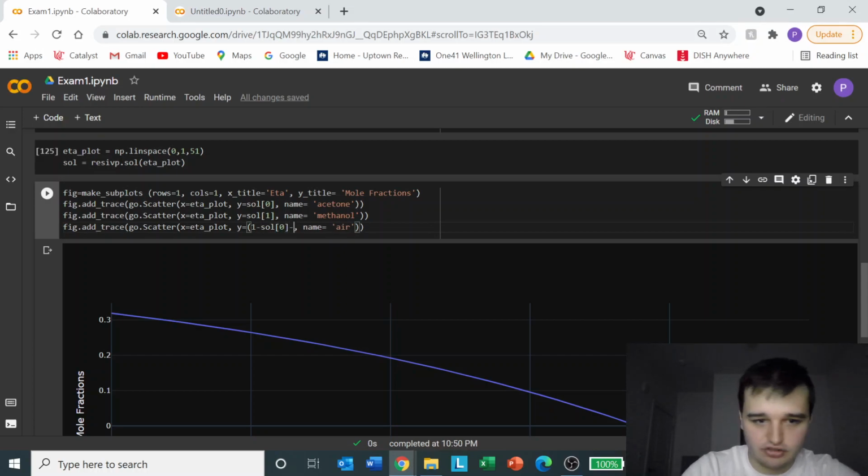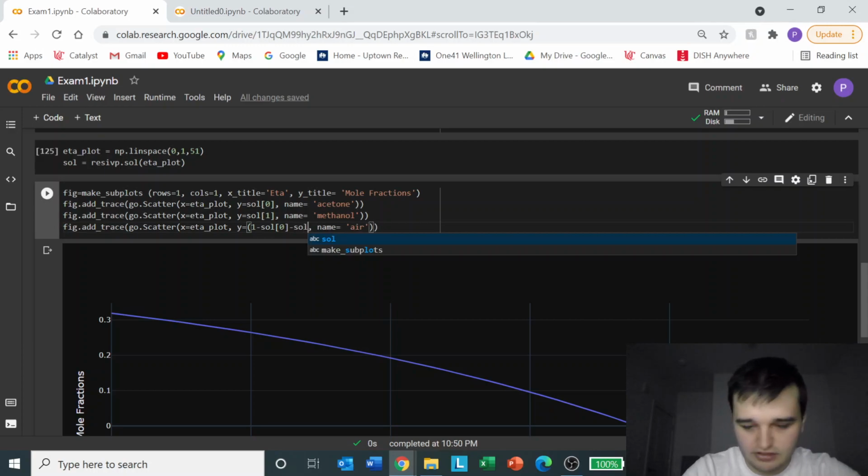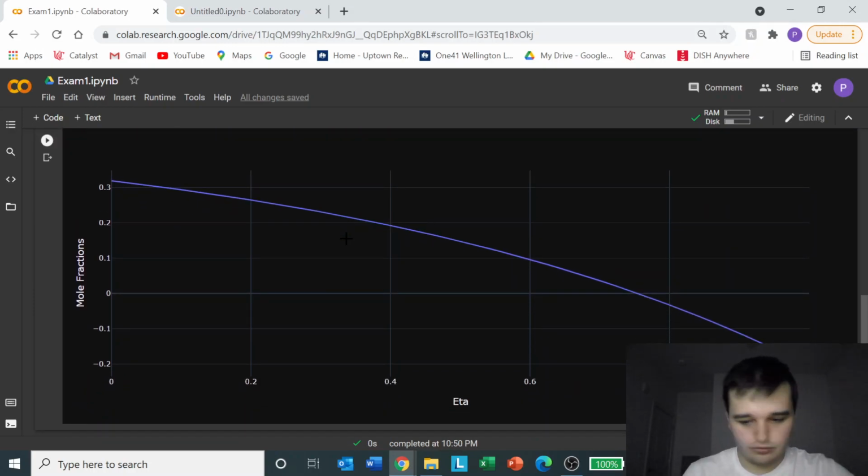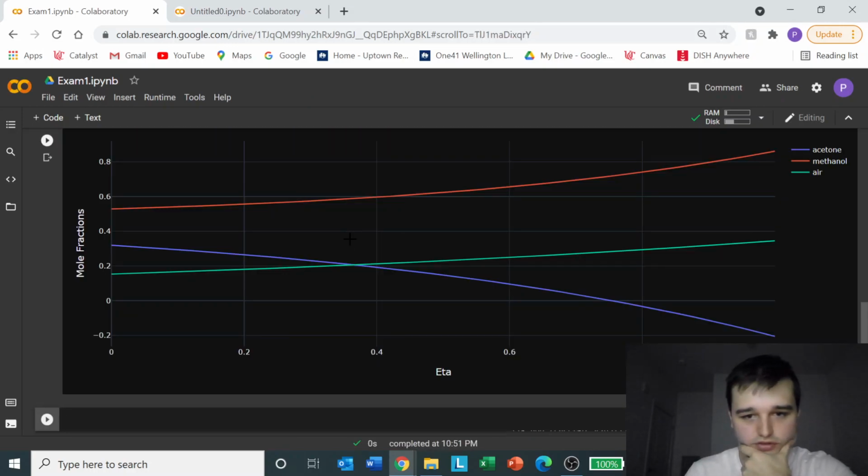Seems fairly logical, but it's an aha moment for sure. You just do 1 minus the other things, and you'll have the mole fraction of air, because like I said, the mole fractions add up to 1, so we only need to put acetone and methanol through the sol function. So shift enter should put the other 2 lines on there.